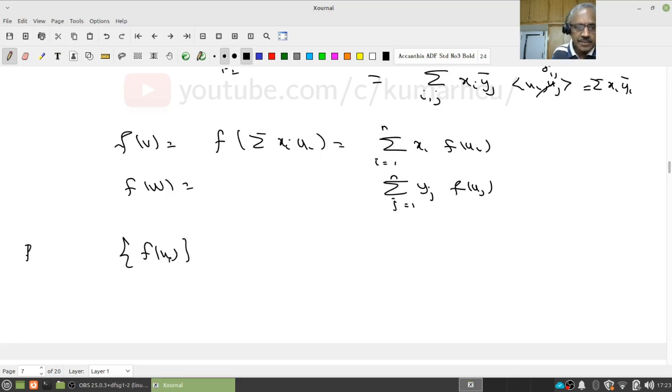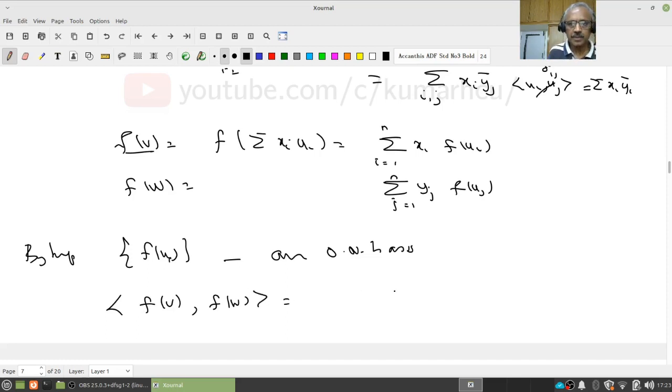By hypothesis, this is an orthonormal basis. Therefore, this vector is written as a linear combination of orthonormal basis vectors. Similarly, f of w. Therefore, I know the inner product of f of v and f of w. Do you see that? This is an orthonormal basis. Therefore, this is nothing other than, for the same reason, xi yj bar delta ij, which is equal to summation xi yi bar, i equal to 1 to n.